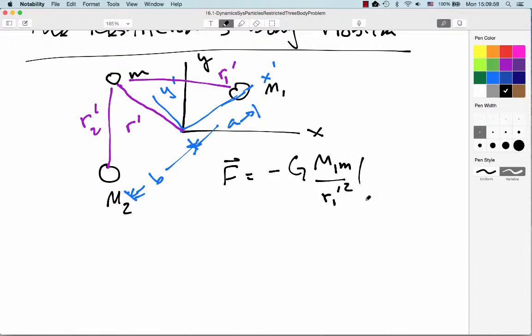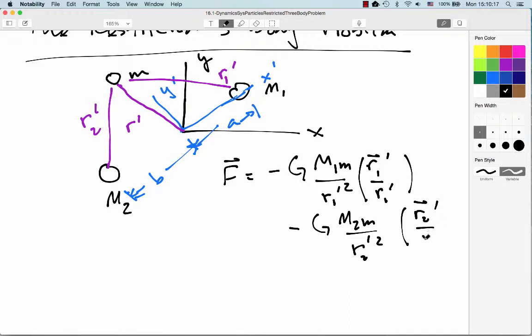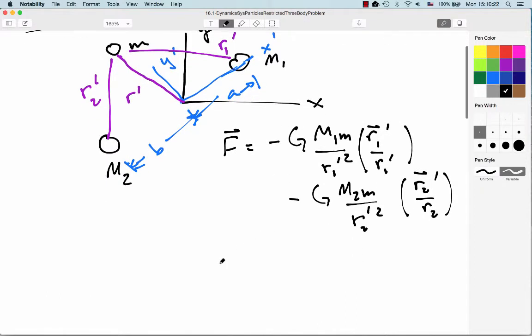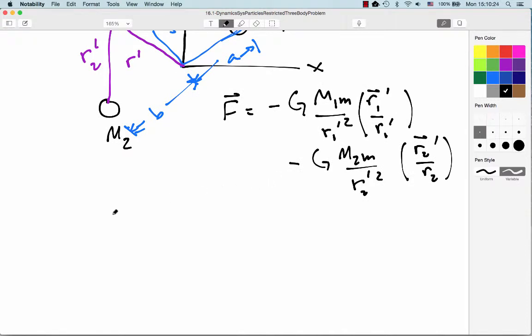That's gravity there, and we need to construct a unit vector, so R1 prime over R1 prime for that, minus G M2 m over R2 prime squared, and construct the same kind of unit vector there, R2 prime over R2 prime, like so.